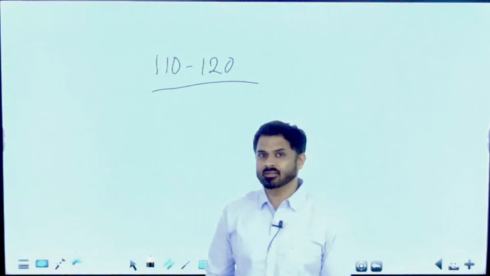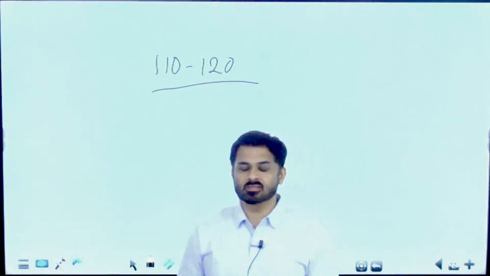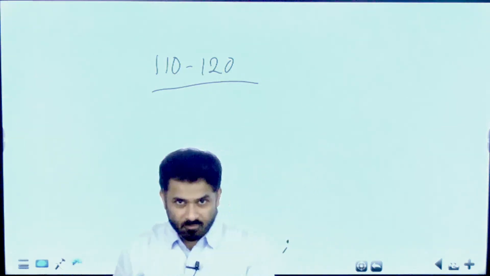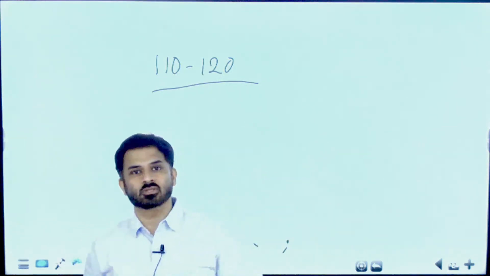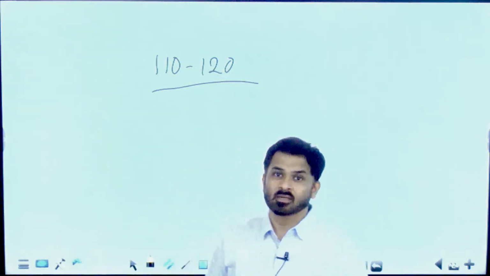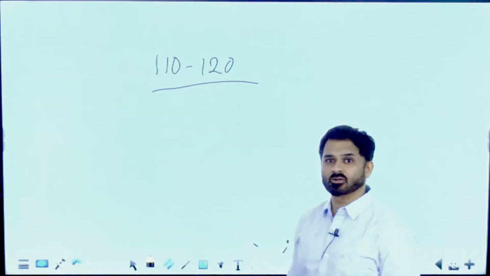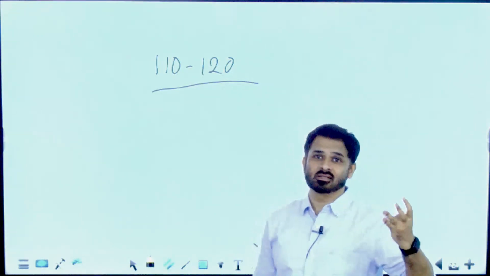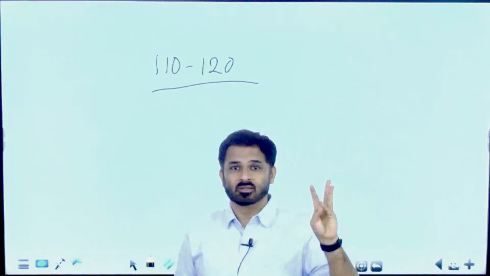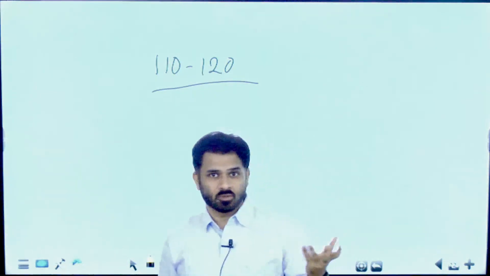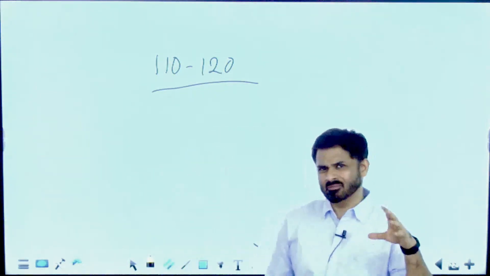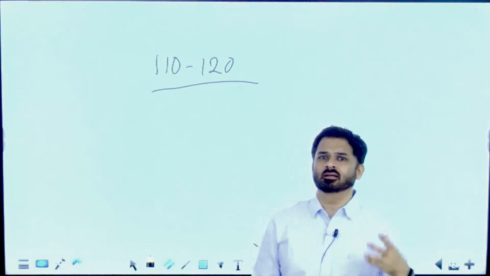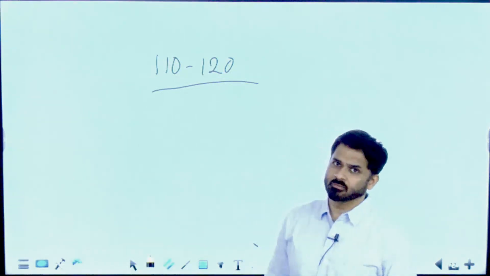It is better that you do your own analysis: go through the syllabus of your optional, try to relate it with the GS paper and see how it helps, and of course take into account your interest. One more factor is the availability of sources, material and classes. That's a lesser important factor, but still one of the factors.